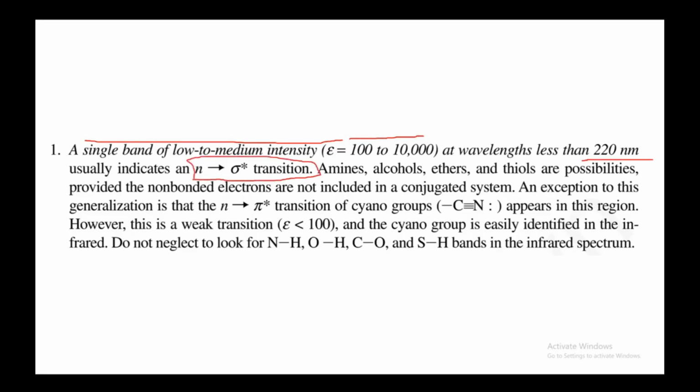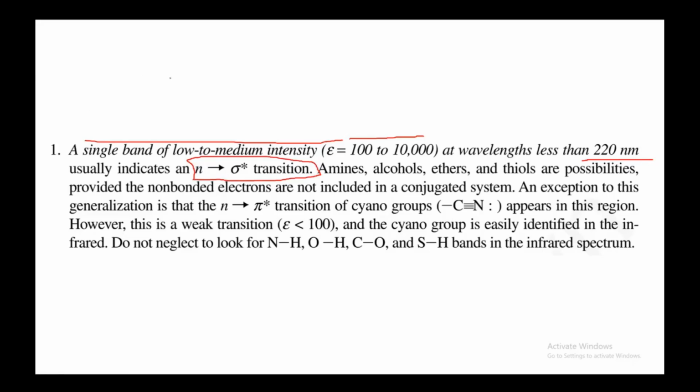That's a key piece of information that you can obtain. If you see a single band of either low or medium intensity, and the wavelength at which it appears is less than 220 nanometers, that means that band is due to the n to sigma star transition.